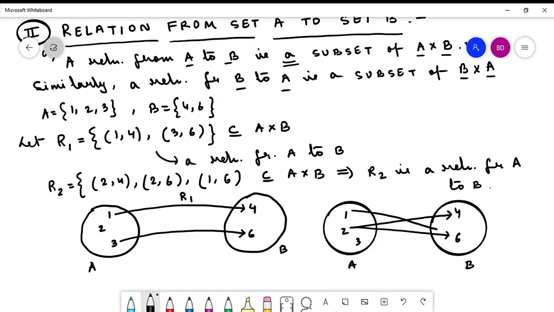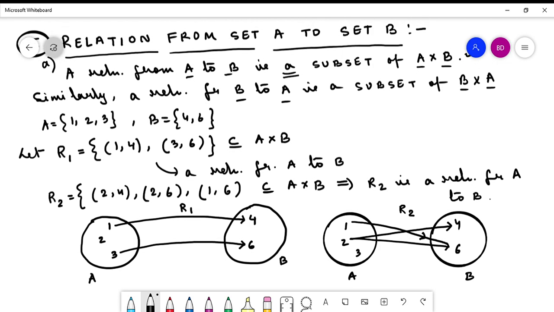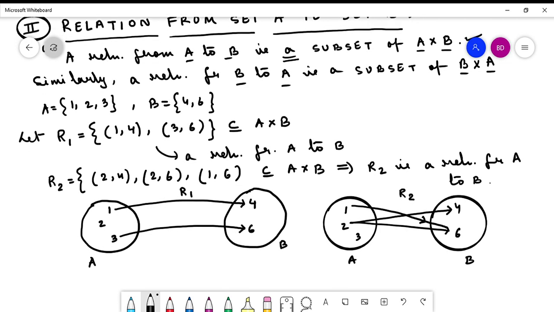So this is R2. This is how we show a relation by arrow diagrams. And we can also express a relation as a subset of A cross B. So this is how we defined a relation from set A to B.